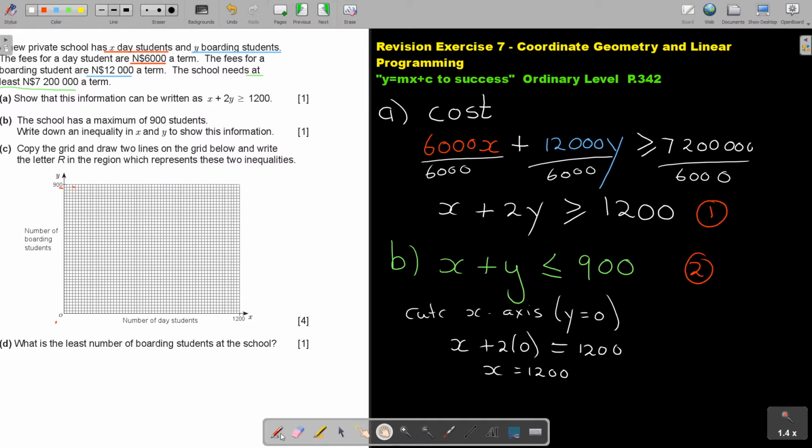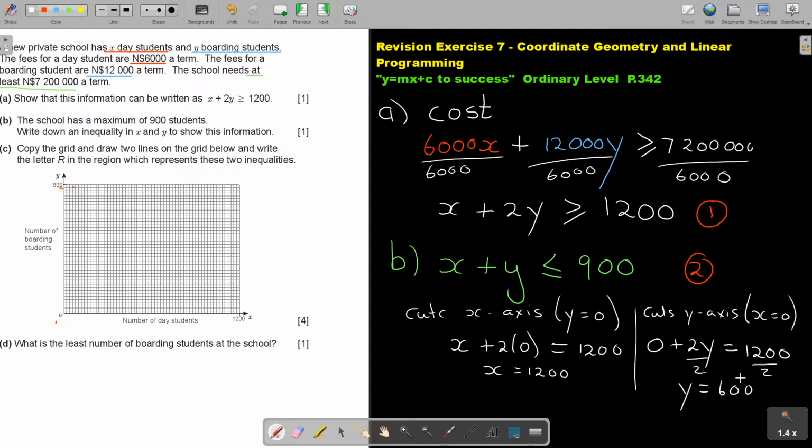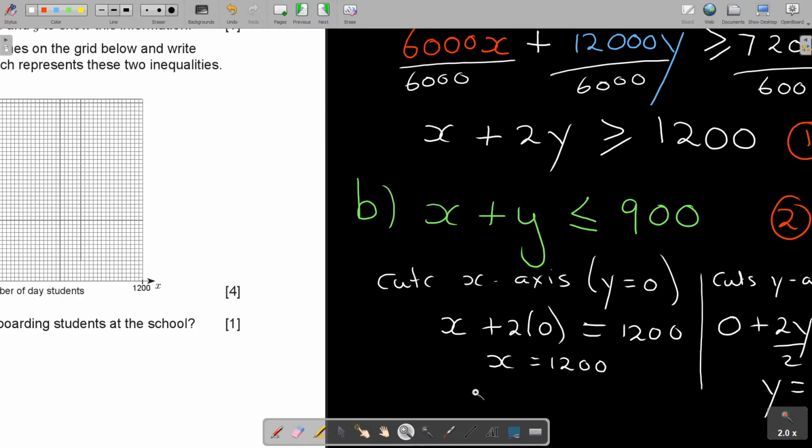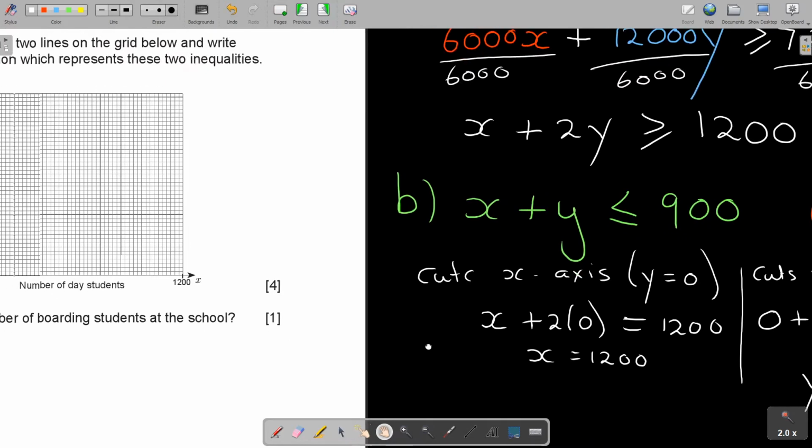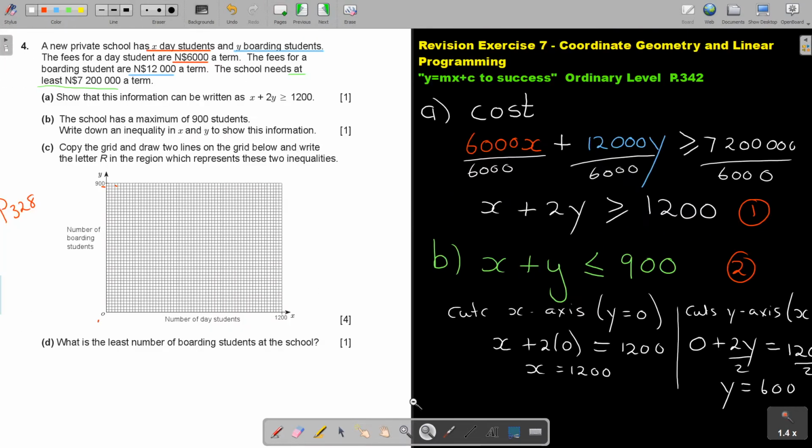And it cuts the y-axis, then you make x 0. Okay, and now it's just going to be 0 plus 2y. Make it always an equal sign if you do the drawing. Divide by 2, so y is equal to 600. So it cuts the x-axis at 1,200 and it cuts the y-axis at 600.